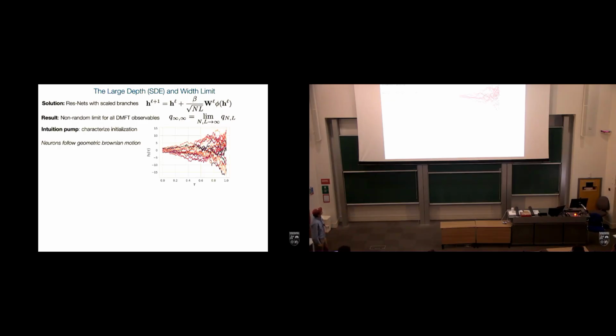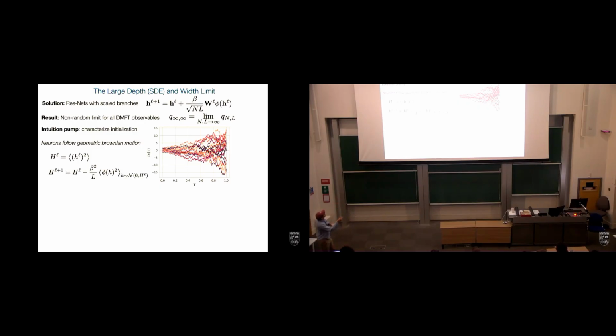Let's get some intuition just from initialization. Let's say I'm at initialization and all these weights are random. What I can do is define capital H to be the second moment over the neuron distribution. This is going to be the variance of the neurons for a single data point. We're just going to try to track how this variable evolves over the layers.